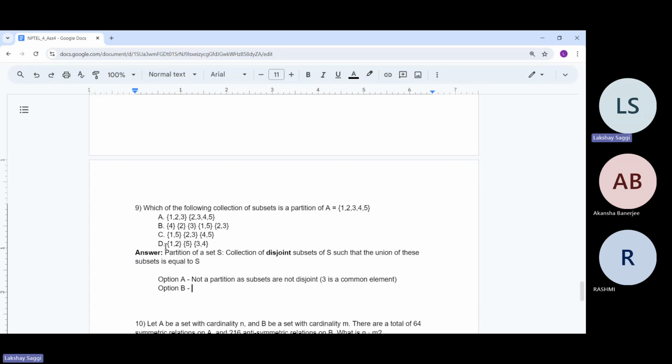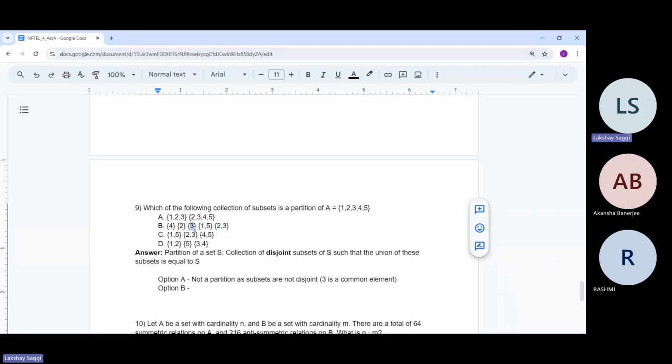Similarly, let's come to option B. Option B says 4, 2, 3, 1, 5, and 2, 3. Again, we see the first condition fails, these are not disjoint because 3 is again a common element in two of these subsets. Note that all pairs of subsets should be disjoint. So even if we find any two subsets which have a common element, then we'll say that it is not a partition.